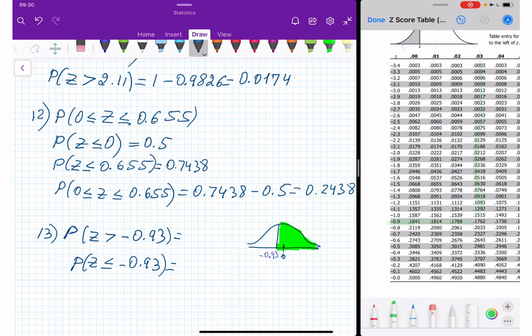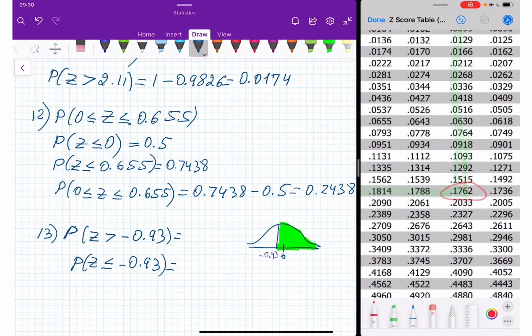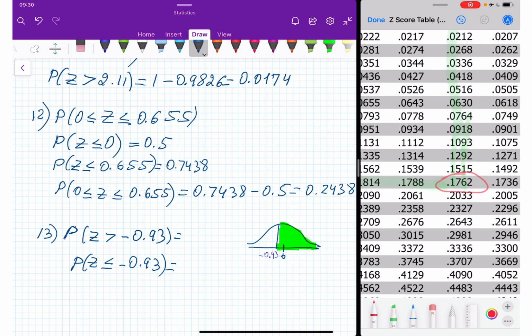So intersection is going right here. So it's equal 0.1762. So from here, probability for z-score greater than negative 0.93 is equal 1 minus 0.1762. And the answer is going to be 0.8238.